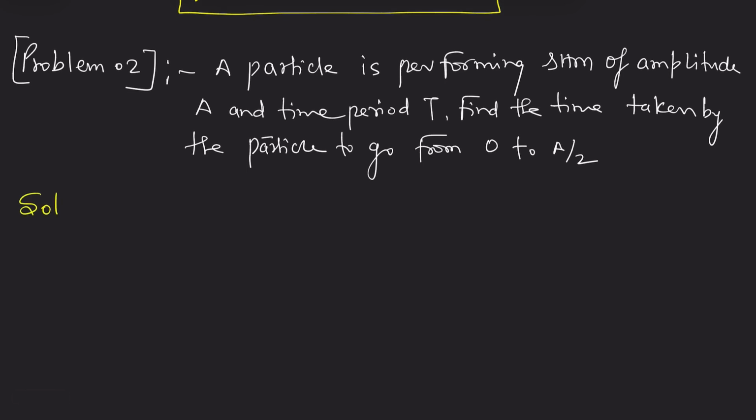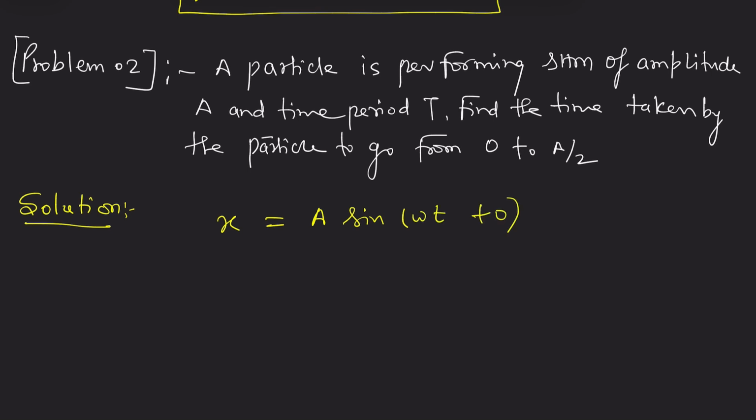So the solution of this question is, as I have told you, the particle is going from the mean position towards the positive direction. So very standard equation that we can write: x is equal to A sine omega t plus 0.